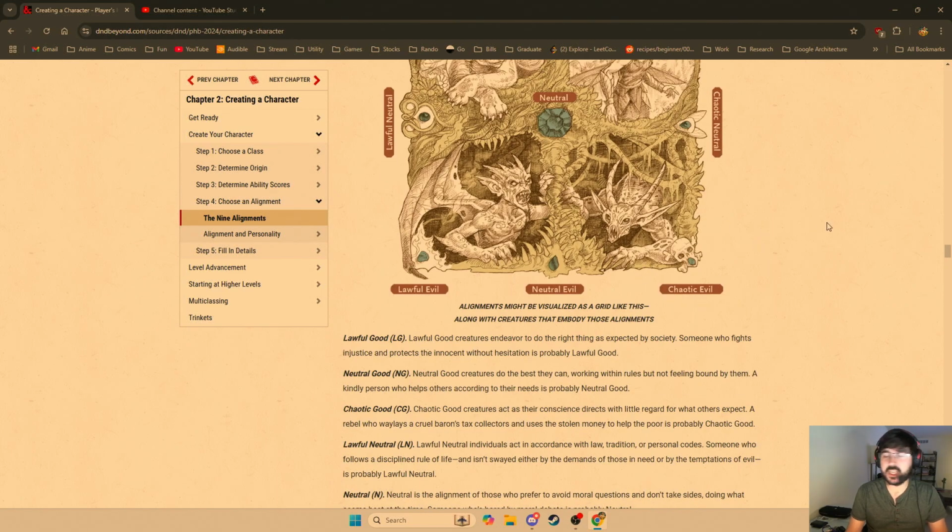And then your chaotic evil, they're just causing destruction for the sake of destruction. It's like the id. Neutral evil, they're kind of just in it for themselves. They're probably going to do some bad things, but they're going to probably have some degree of method to it.